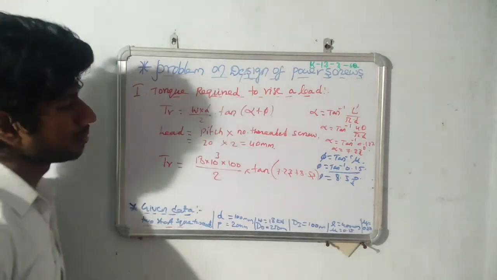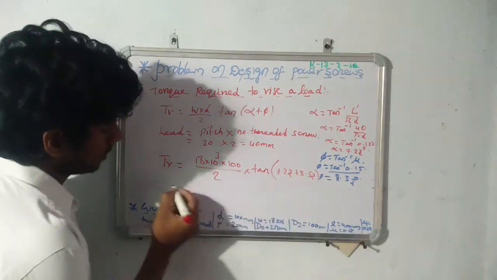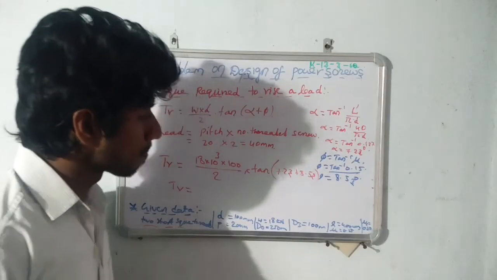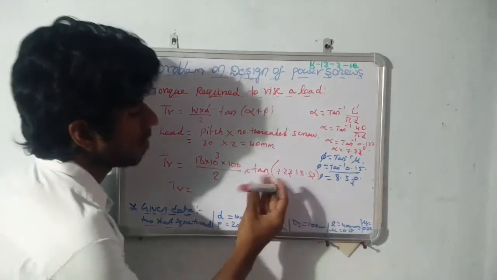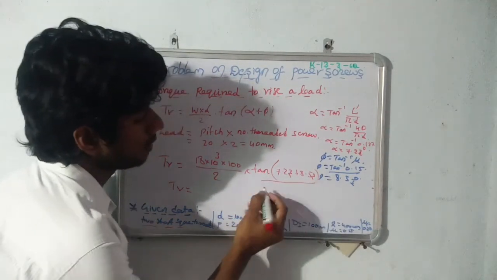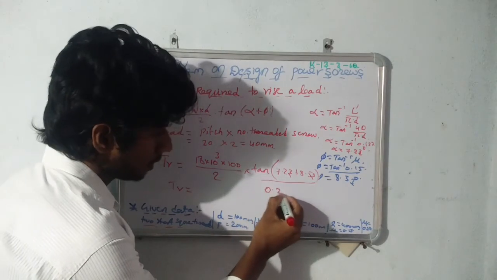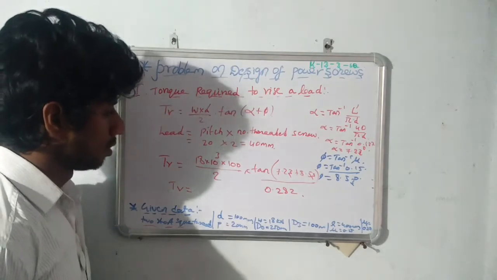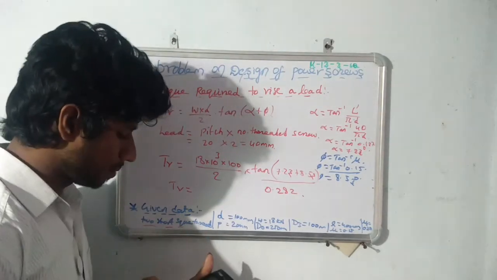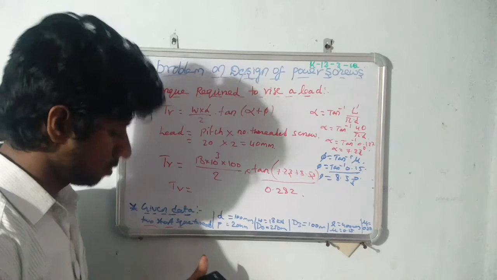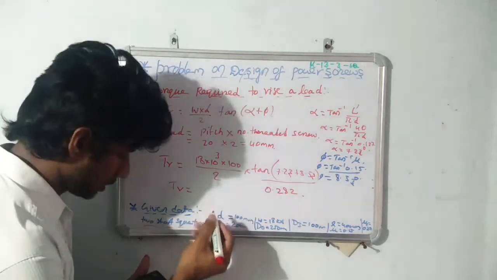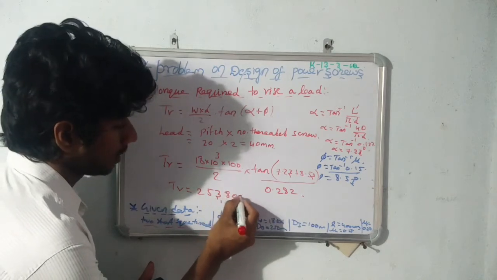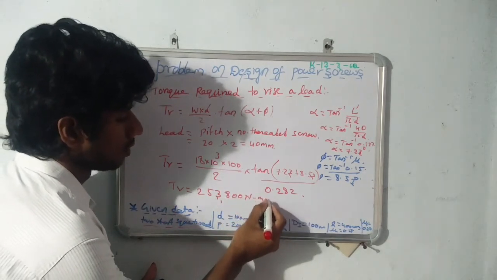By simplifying this, the value of tan of alpha plus phi equals 0.282, and multiplying this with that value, TR equal to 253,800 Newton mm.